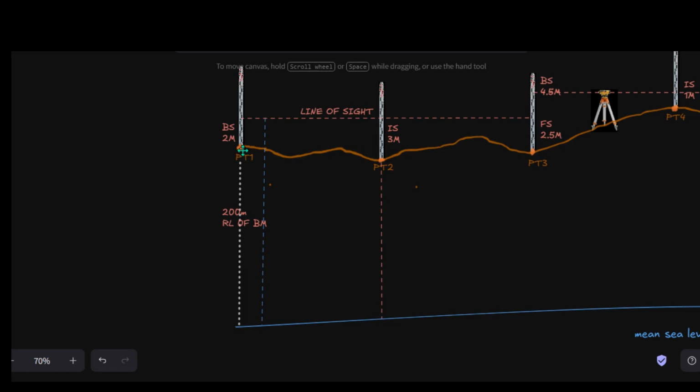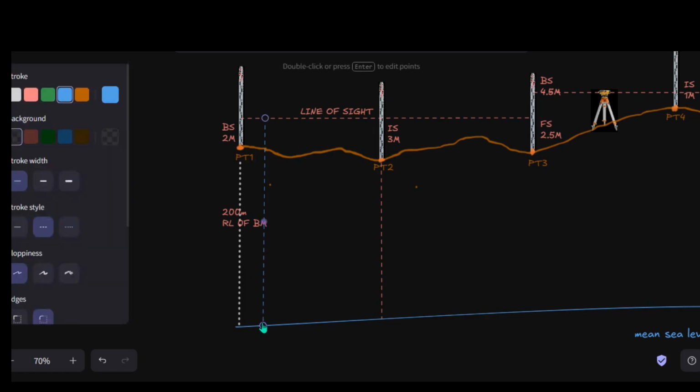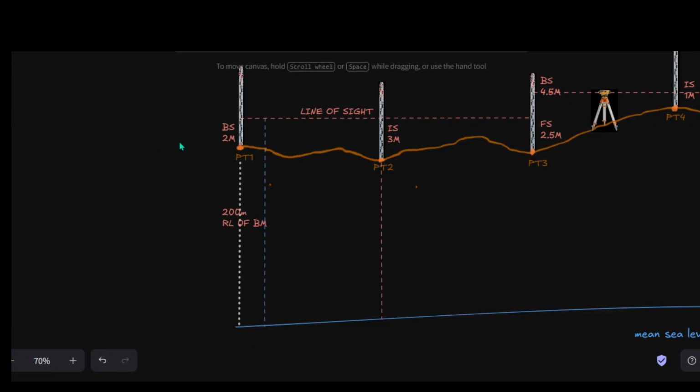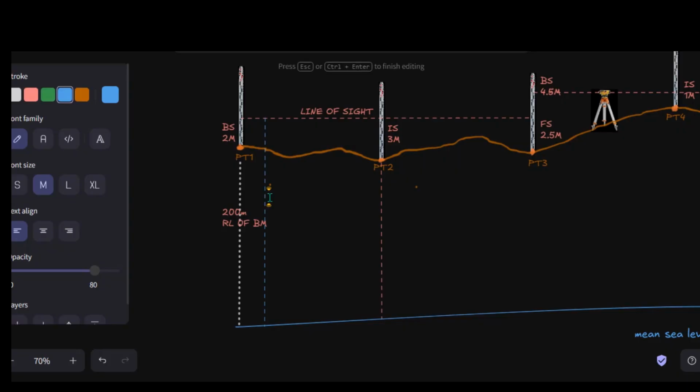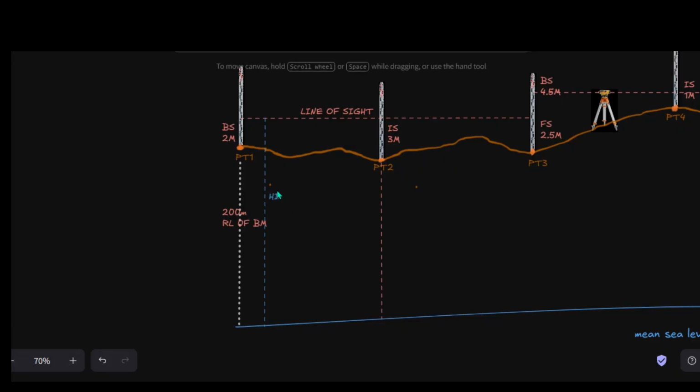So the vertical line from this line of sight to the surface of the sea level, let's just say to the sea level, is called the height of the instrument. You can see the HI. The height of the instrument, HI, in blue.